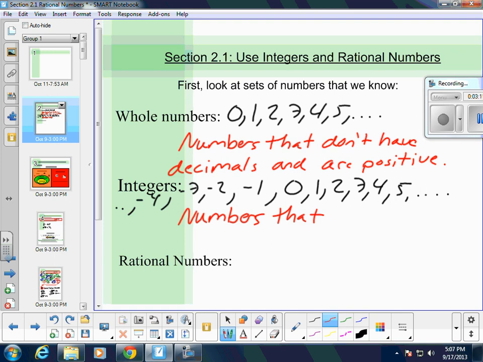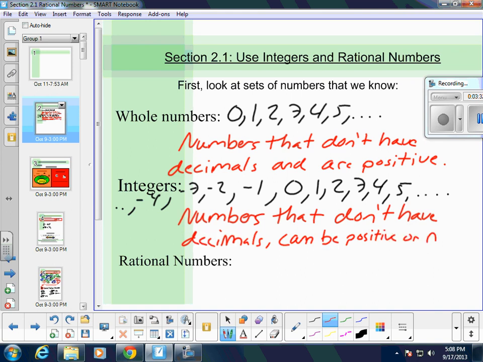Integers are numbers that don't have decimals also, but they can be positive or negative numbers. My E kind of got cut off there, but that's what we know about integers.